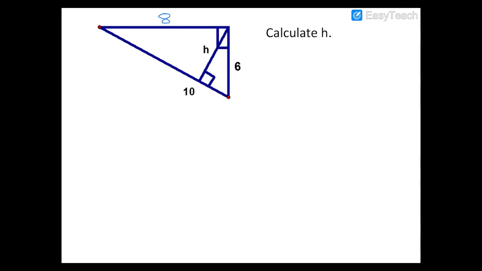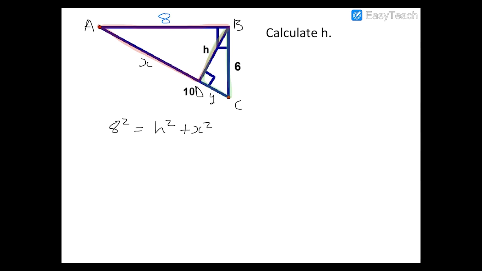Now I'm going to divide this triangle into 2, which is the red triangle here and the green triangle there, and just name this A, B, C, and D. Now from ABD, if we use Pythagoras, we get 8 squared is equal to h squared plus x squared, where I'm naming this side here x and this one here y.